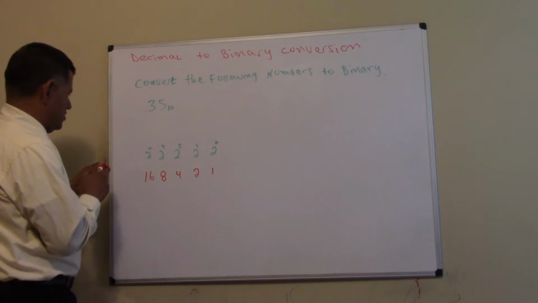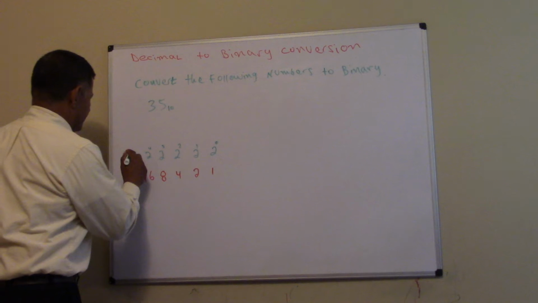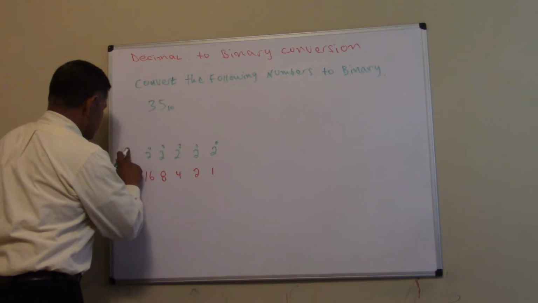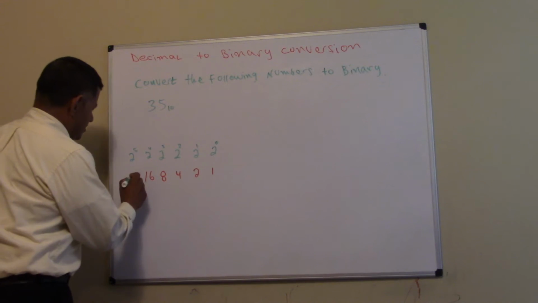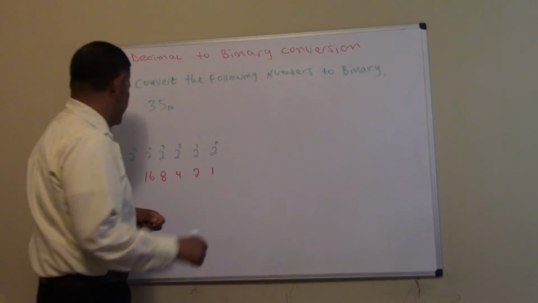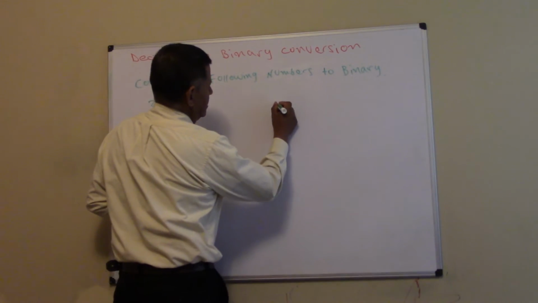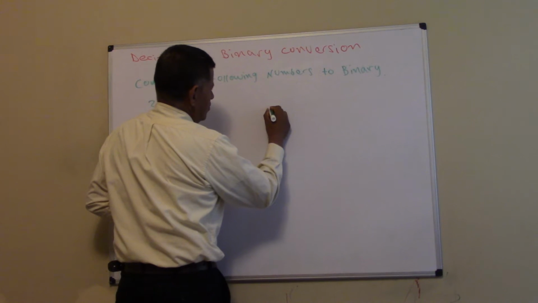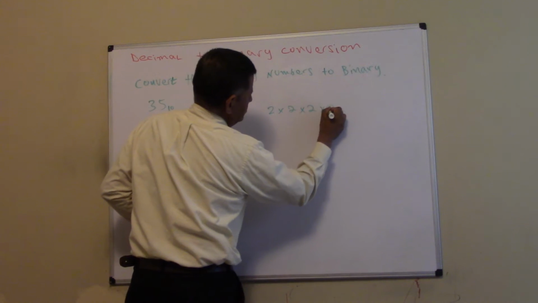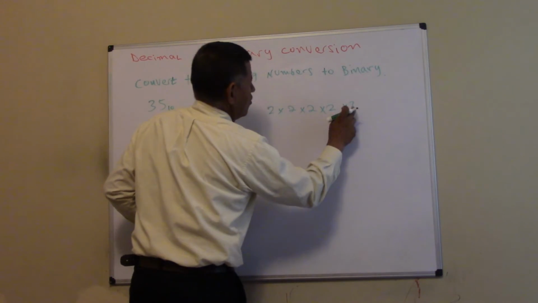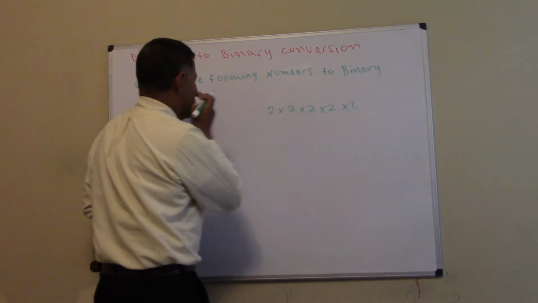2 to the 5th power, right? It's 2 to the 5th power, right? 2 to the 5th power is actually 32. See? So what you do, 2 times 2 times 2 times 2 times 2. 1, 2, 3, 4, 5, right?